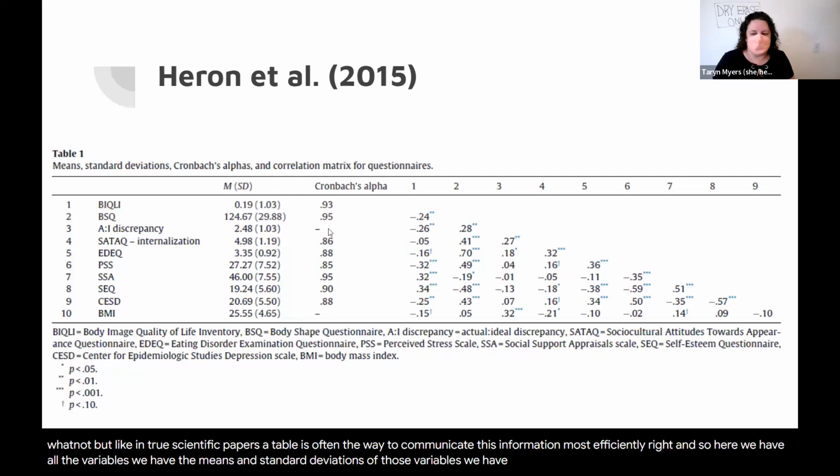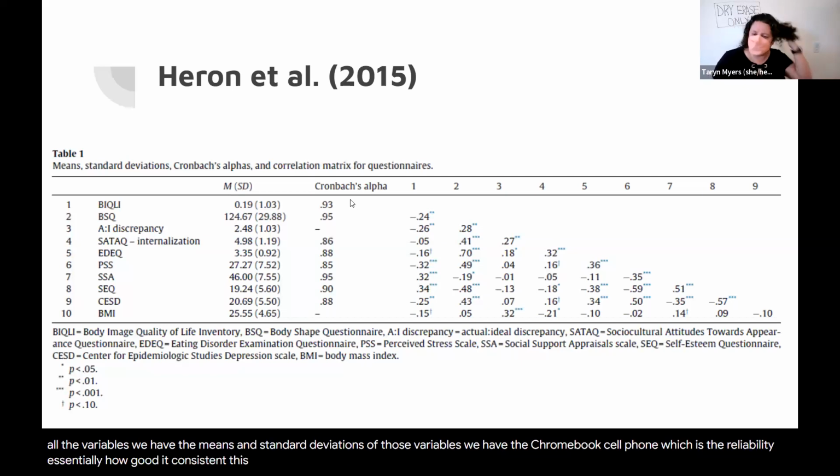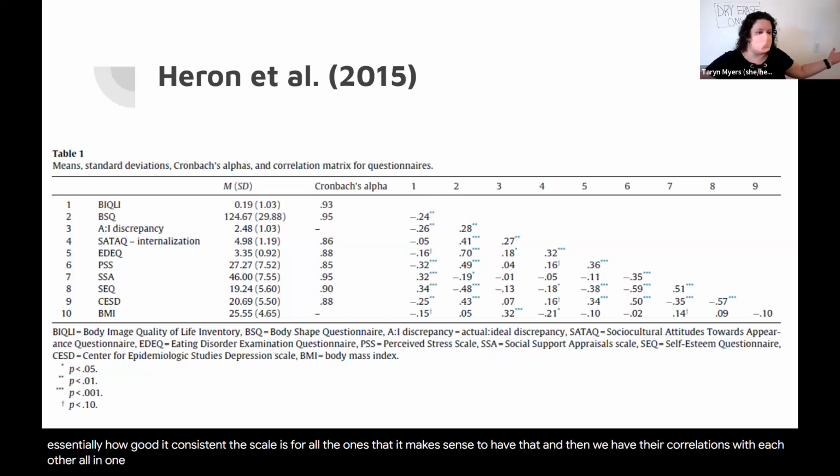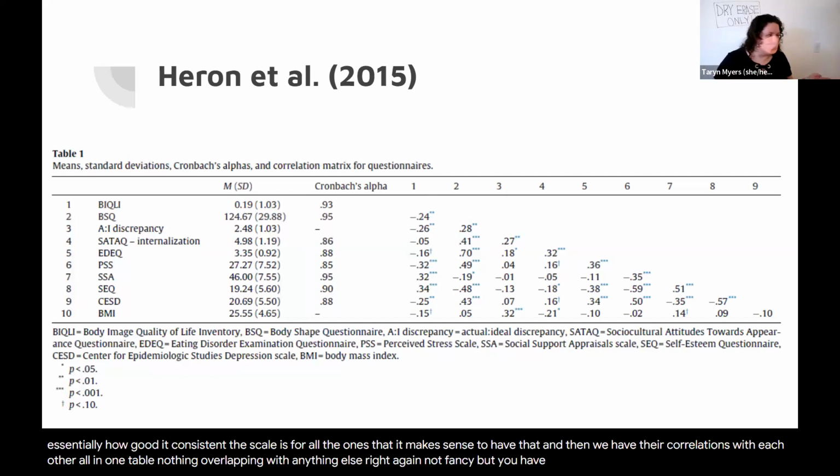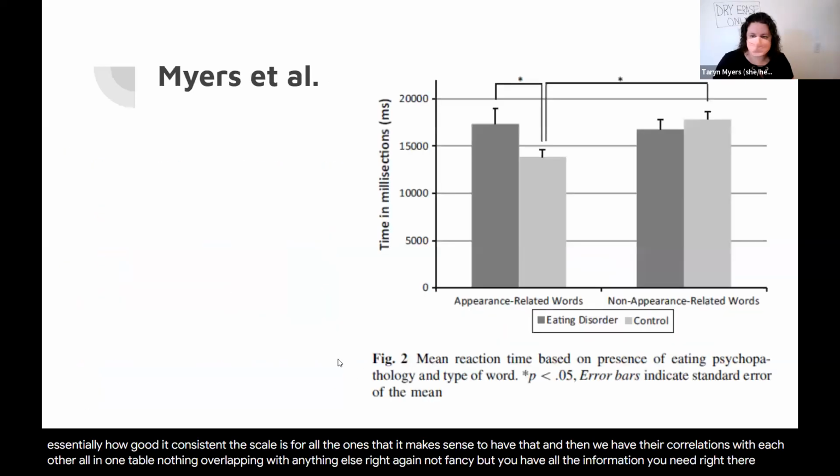We have the Cronbach's alpha, which is the reliability, essentially how good and consistent the scale is, for all the ones where it makes sense to have that. And then we have their correlations with each other, all in one table, nothing overlapping with anything else, right? Again, not fancy, but you have all the information you need right there.